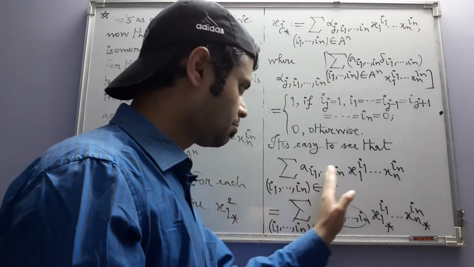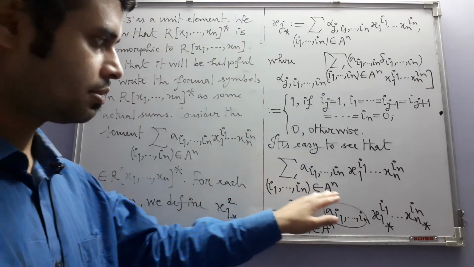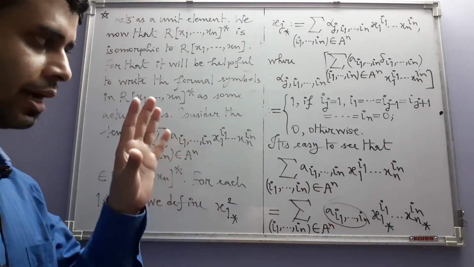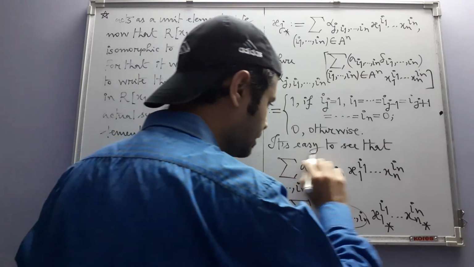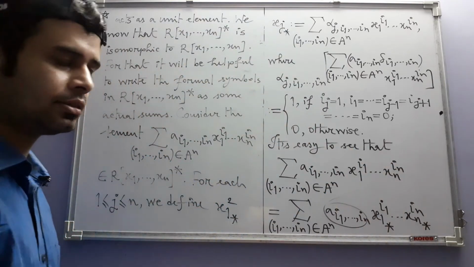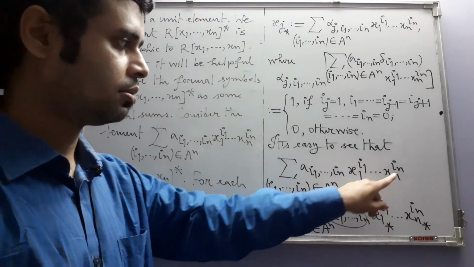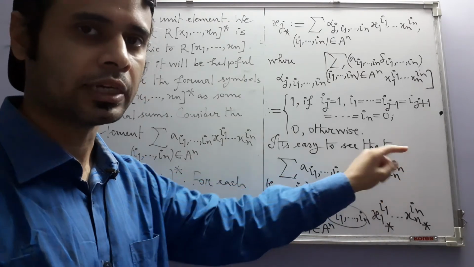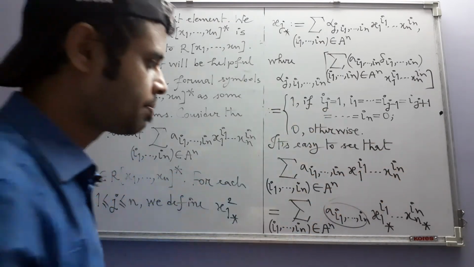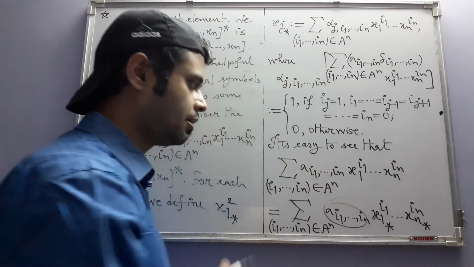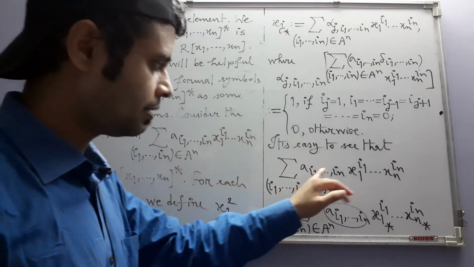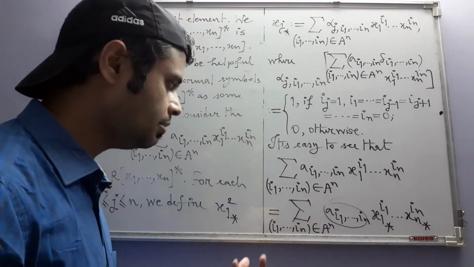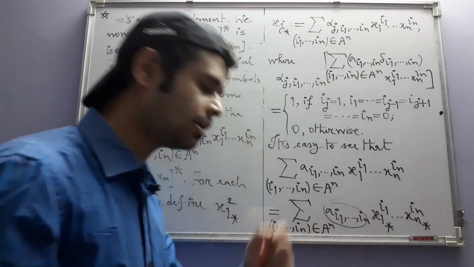You play with these symbols, or what I am trying to actually say is this: you take a concrete element in the ring of this form, don't dilute n, keep n as n, you take some special values here, and then you try to see how this is actually equal to this.